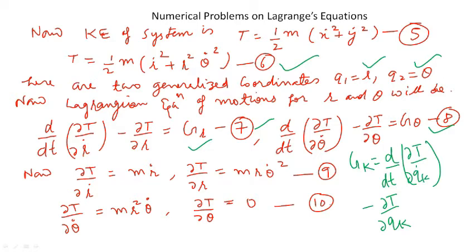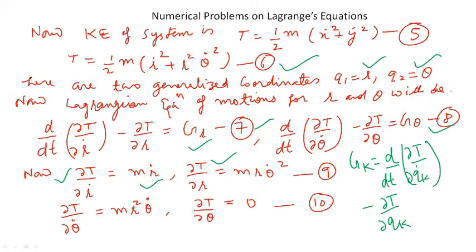Now from equation number 6 we will find the value of del T over del r dot and del T over del r. So del T over del r dot will be equal to 1 by 2 m, and the differentiation of r dot square will be twice r dot, so it will give you del T over del r dot is equal to m r dot. Similarly del T over del r is equal to m r theta dot square.